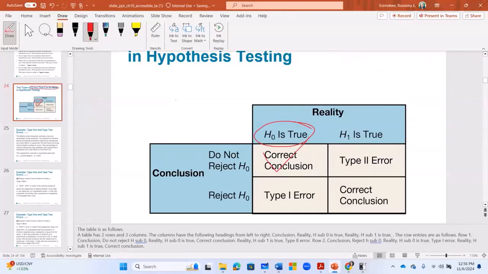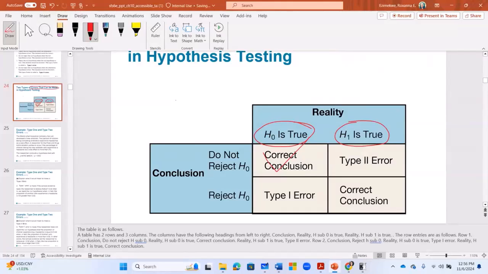If the claim is true, then you made a correct decision. But if the alternative is true, then you have committed an error.